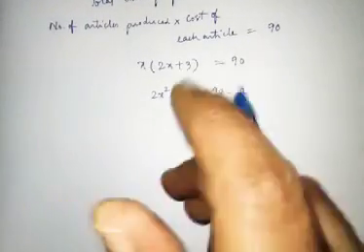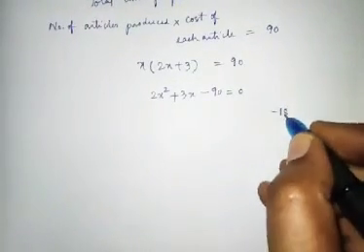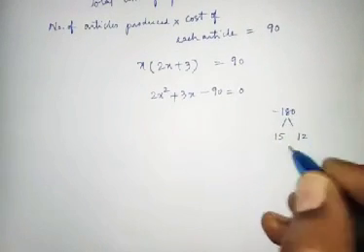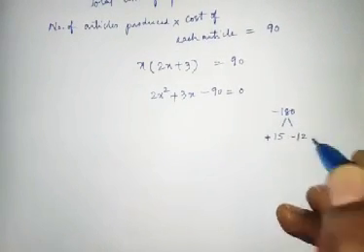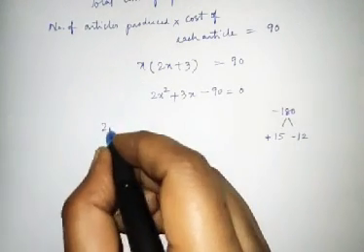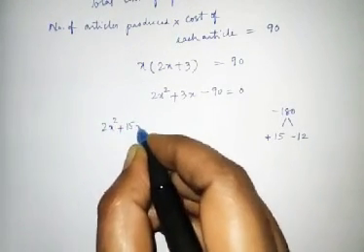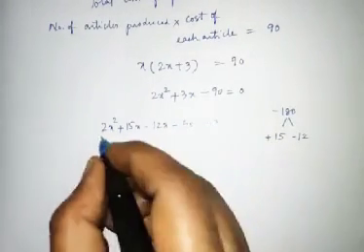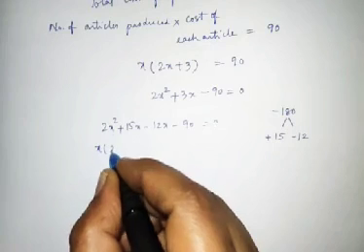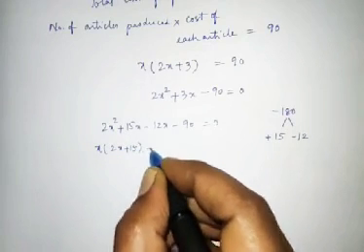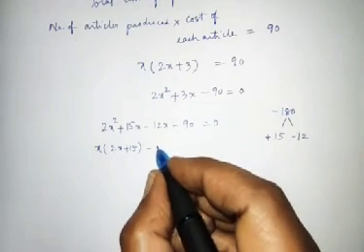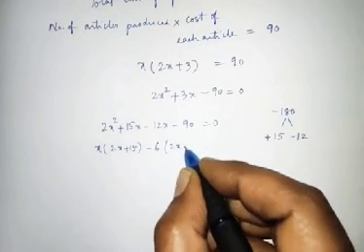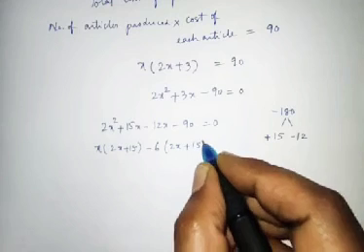And we have to find the factors for minus 180. The suitable factors are plus 15 and minus 12. So now 2x square plus 15x minus 12x minus 90 is equal to 0. Combine the first two, x is common, 2x plus 15 you write, and here you can take 6 common, so 6 times 2 is 12, plus 6 times 15 is 90.